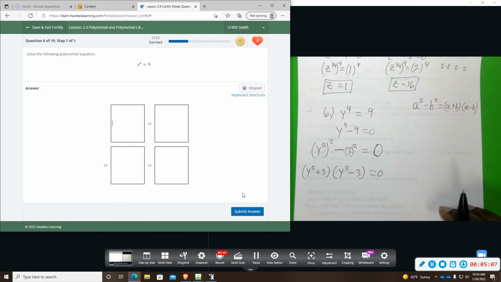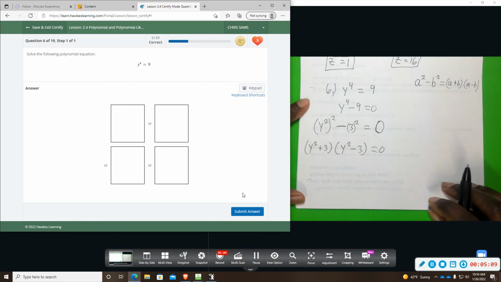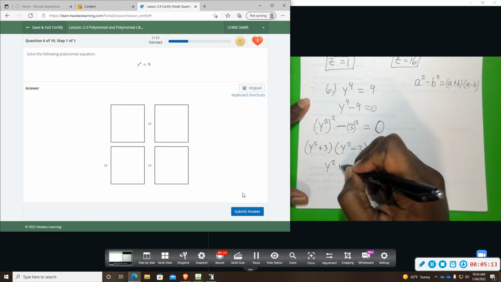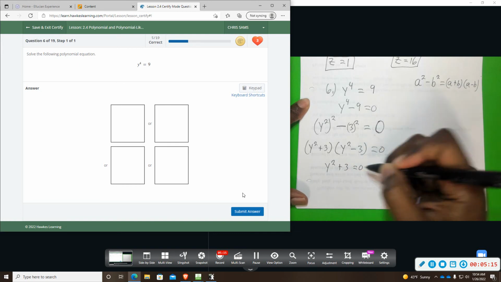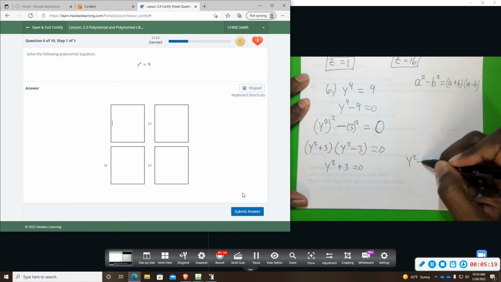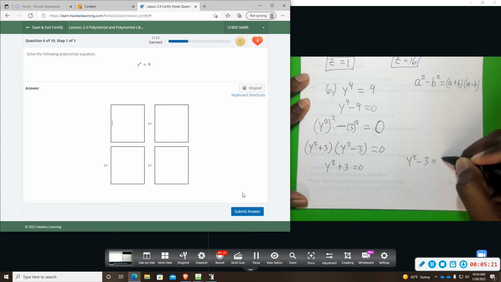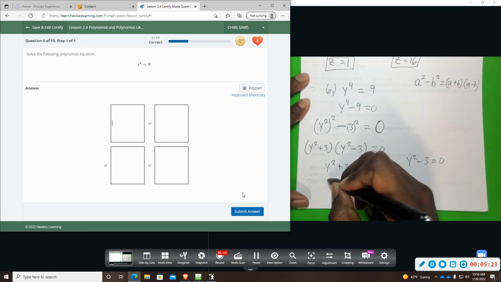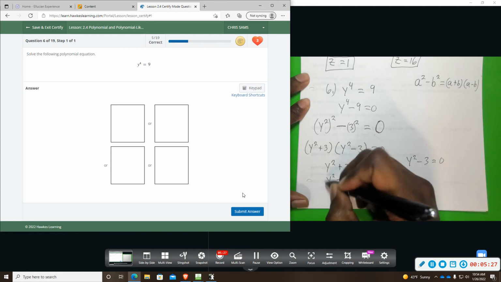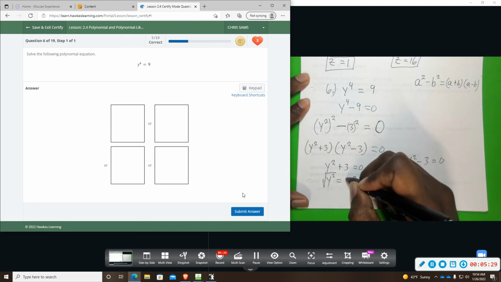Then from here, we're going to set both of these equal to 0 and solve for y. So y squared plus 3 equals 0. And then we have y squared minus 3 equals 0. Subtract 3, negative 3, and then you're going to take the square root.